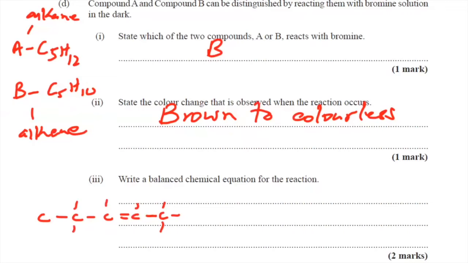So this is compound, or alkene, 1, 2, 3, 4, 5. So this would be pent-2-ene, or some books will say 2-pentene. But convention says pent-2-ene, but anyway, doesn't matter. So that's our compound B.